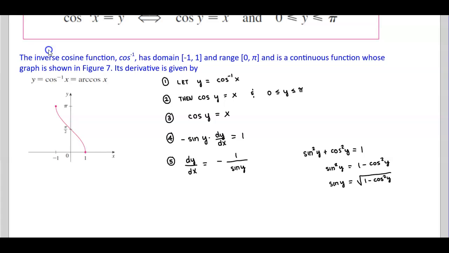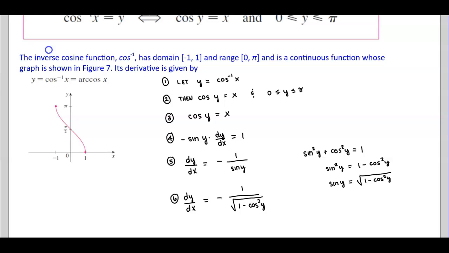So what that tells us is that dy over dx is now going to equal -1 over the sine of y, which becomes -1 over the square root of 1 minus the cosine squared y.